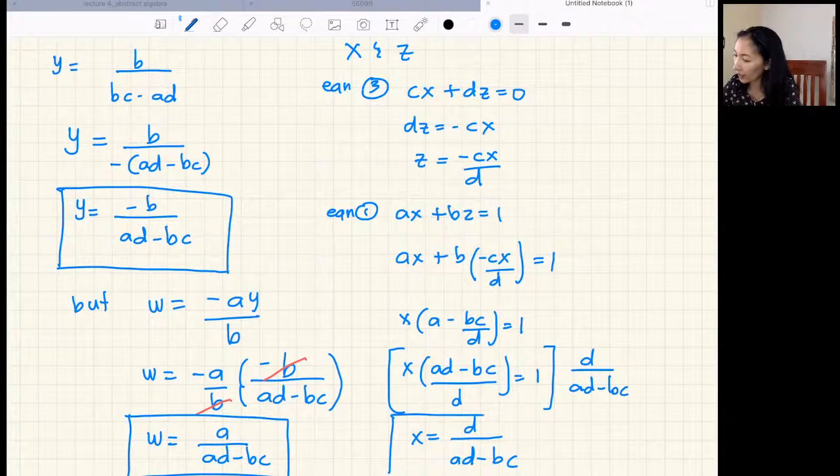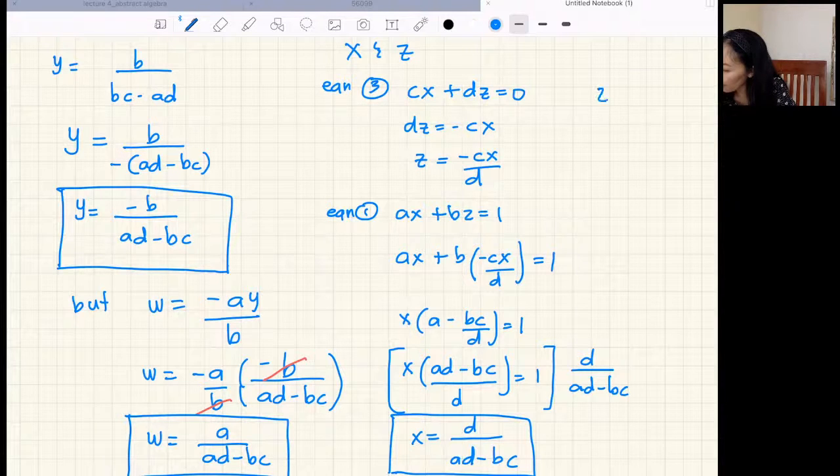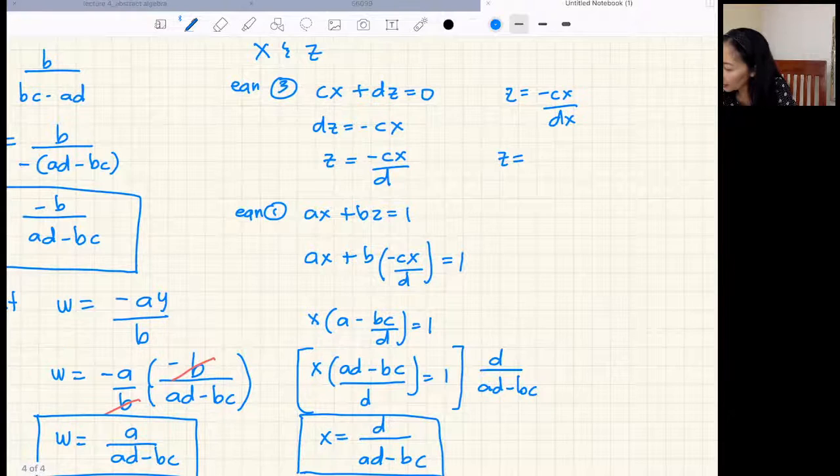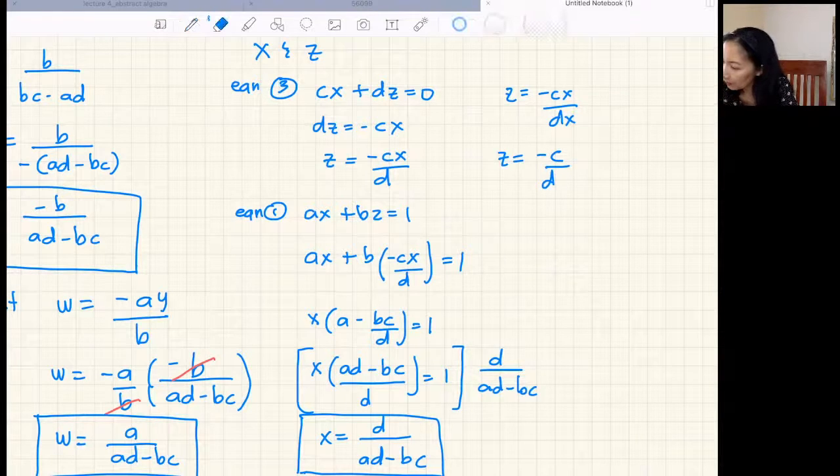So now we have X. So finally, Z from here. From Z equal to negative CX over D, then Z will now be negative C over D times X, which is from our previous step.